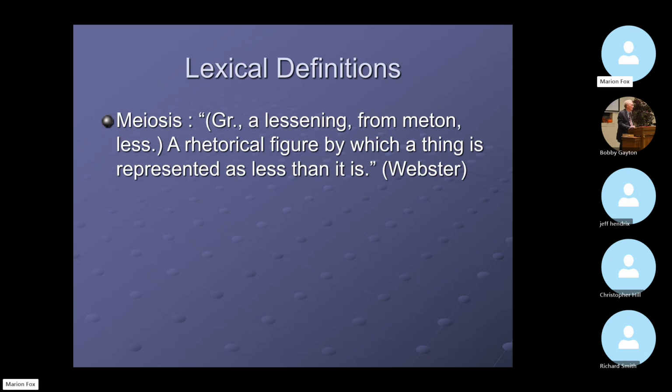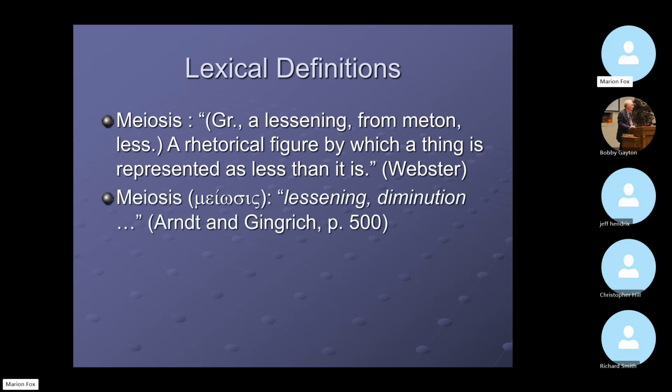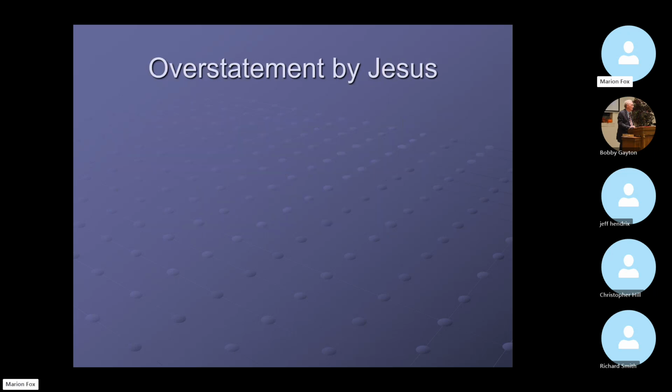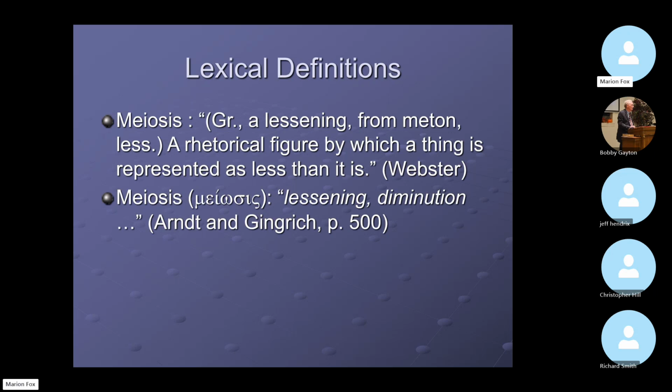Meiosis, that's a Greek word, is Greek for a lessening of something, treated as less than it really is. It's a metonymy of less, a rhetorical figure by which a thing is represented as less than it is. This is according to Webster. Arndt and Gingrich has this word in the Greek language. I don't think it's found in the New Testament, however, so it won't be in Thayer.